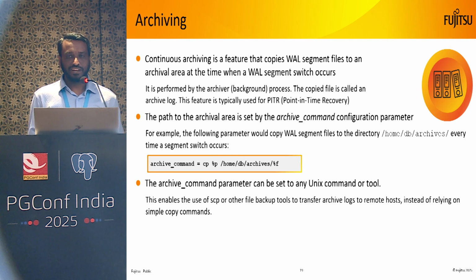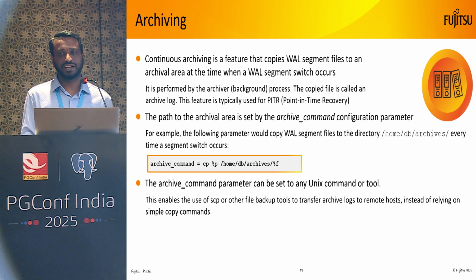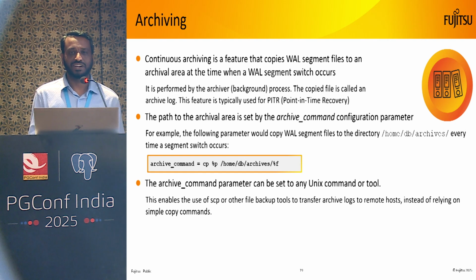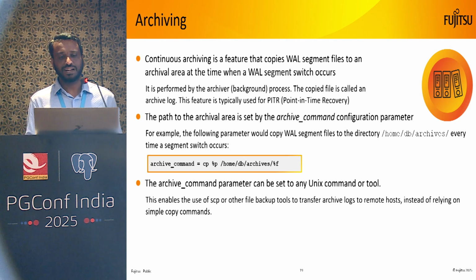So by default, the WAL files will be present in the pg_wal directory. If you want to support PITR and all, you can use archiving mode. By archiving mode, what will happen is that whenever we do a switch file, this current file will be copied to the archive directory that you have specified in the archive command.